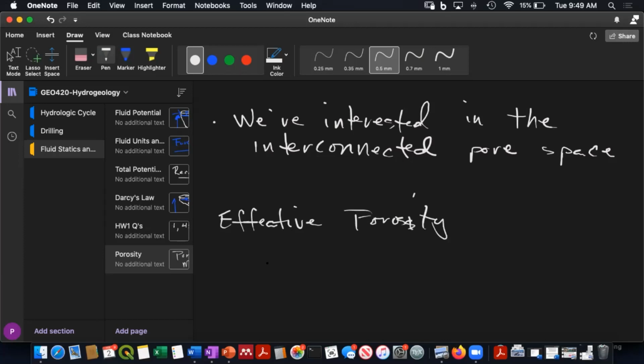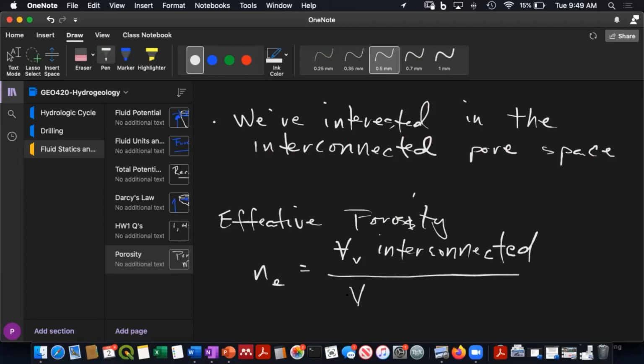So effective porosity is defined as NE equal to the volume of interconnected pores to the total volume of our REV. And this is the void space that as hydrogeologists we're interested in for the most part.